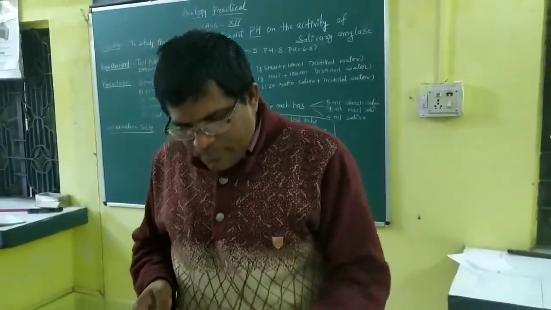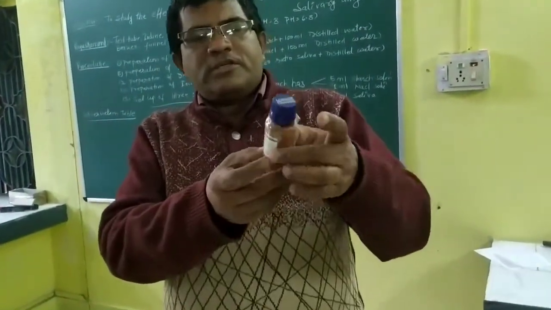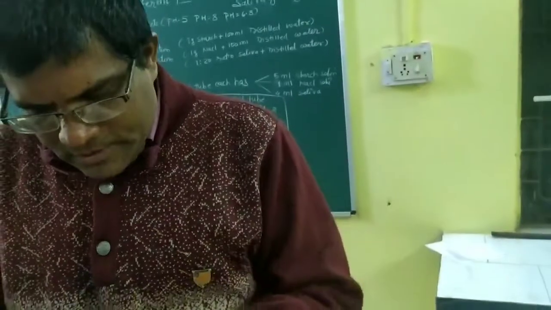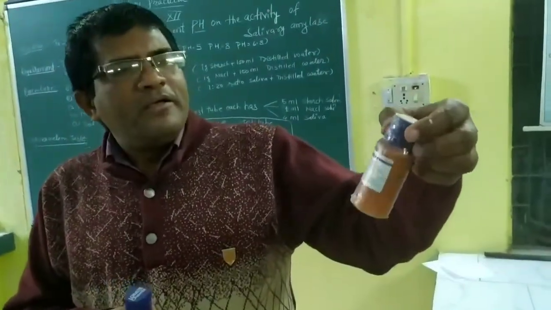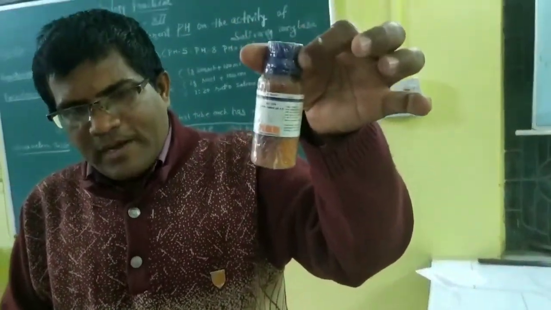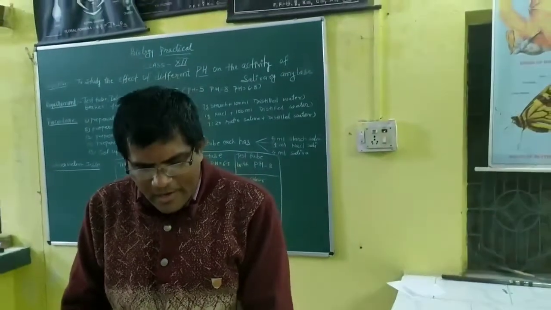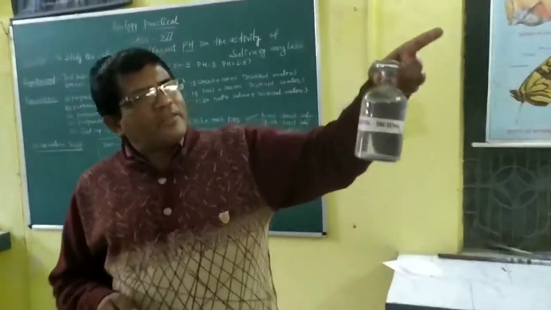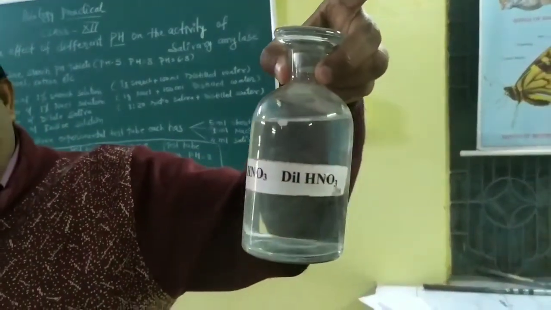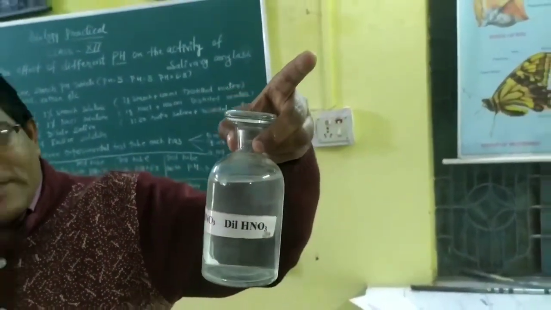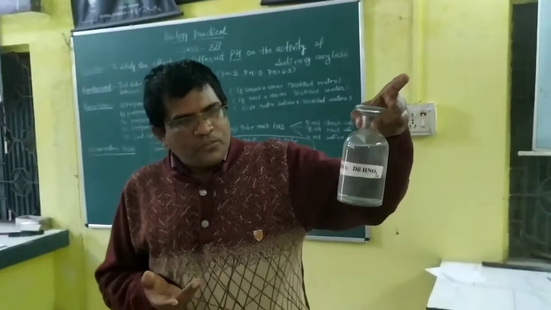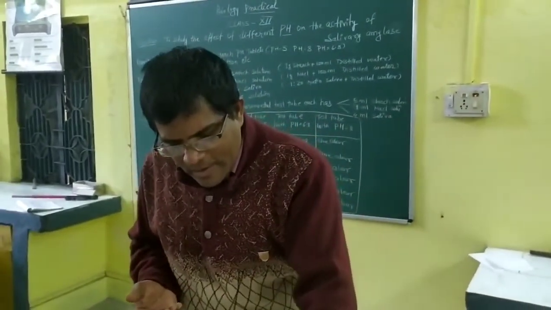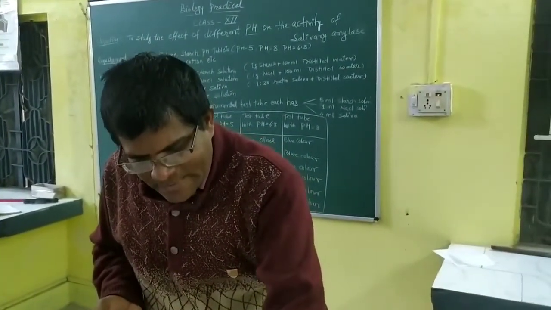For pH tablets, I have the 6.8 pH tablet, and I have the 5 pH tablet. If this one is not available, I have to take an acid. I have taken dilute HNO3. Sulfuric acid, HCl or HNO3, any acid can be taken for acidic pH.